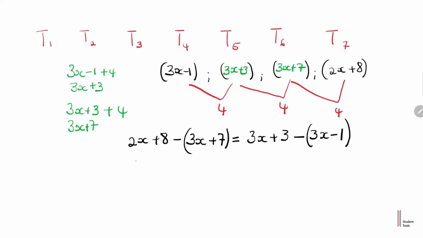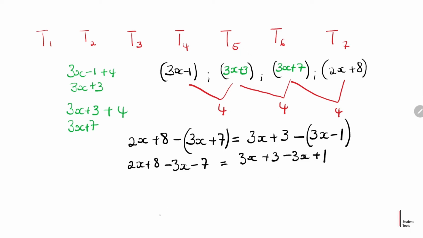So here we have 2x plus 8 minus 3x minus 7 equal to 3x plus 3 minus 3x plus 1.